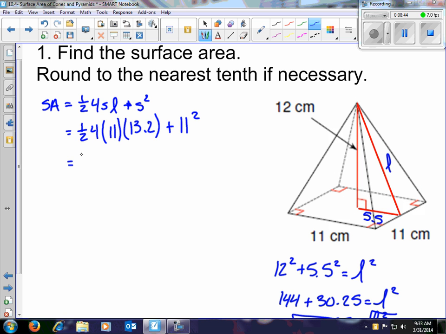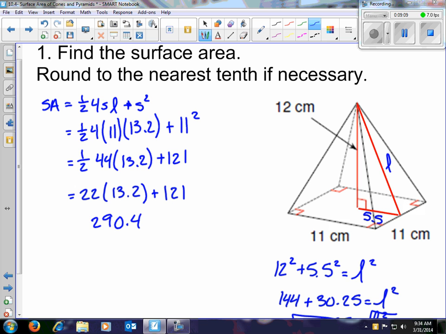So then I have 1/2, 4 times 11 is 44, plus 13.2, and 11 squared is 121. 1/2 of 44 is 22, so I have 22 times 13.2 plus 121. And 22 times 13.2 is 290.4. Then if I add 121 to that, I get 411.4 centimeters squared. So my surface area of my square pyramid is 411.4 centimeters squared.